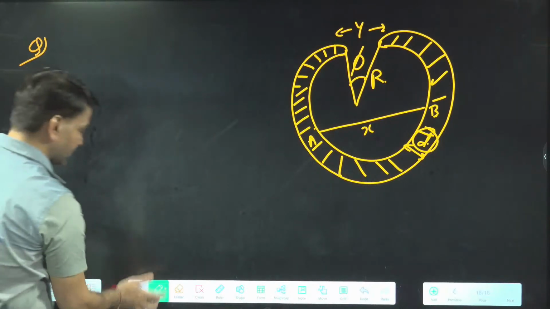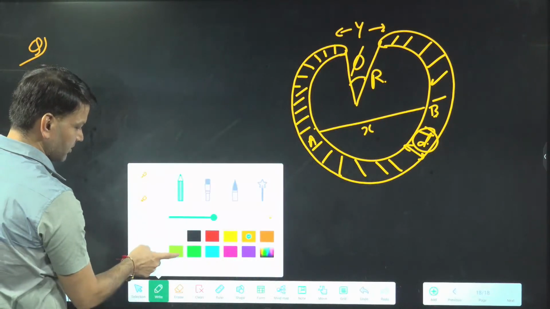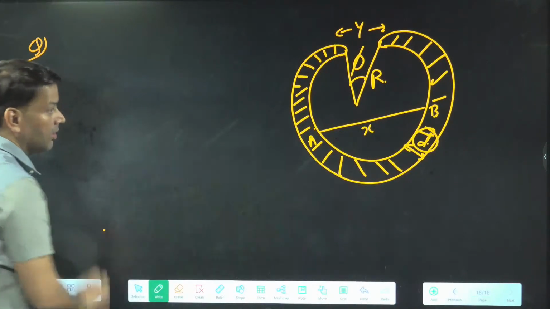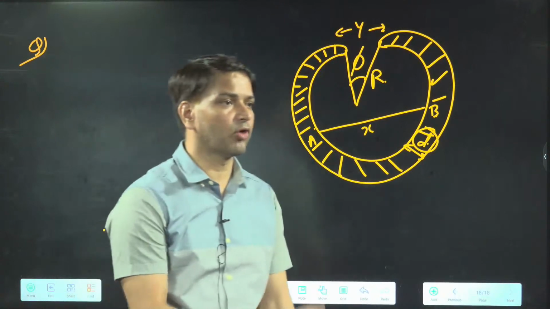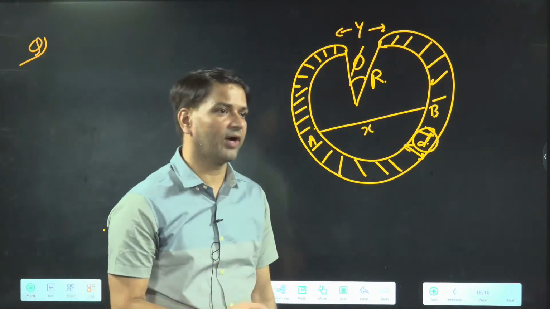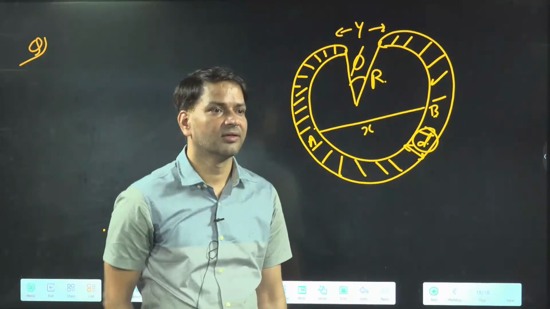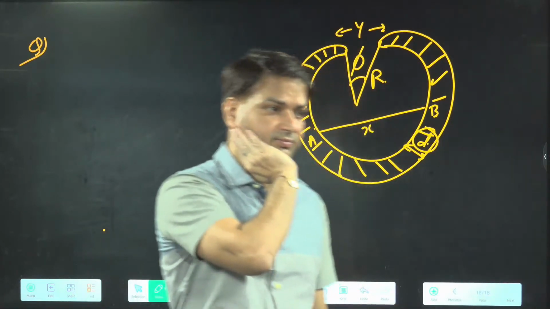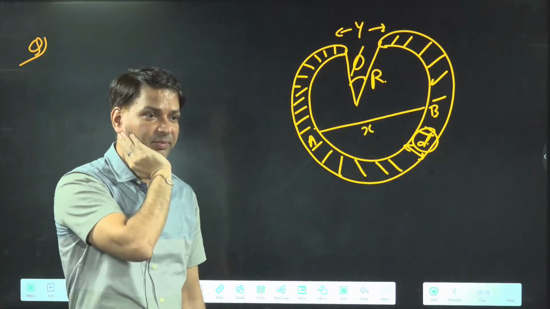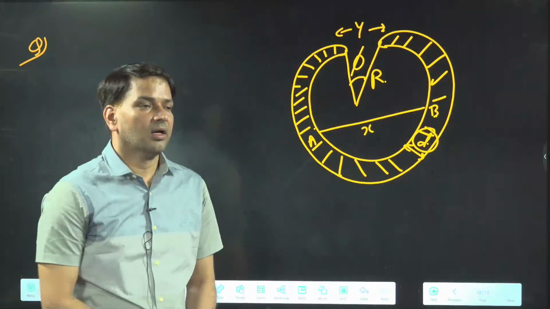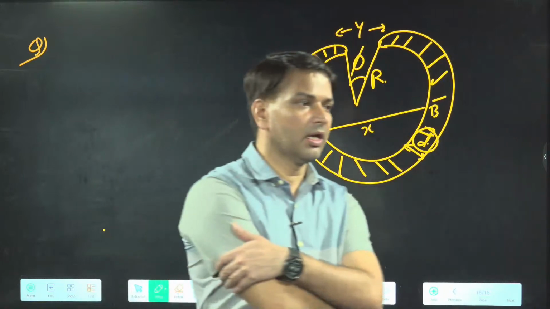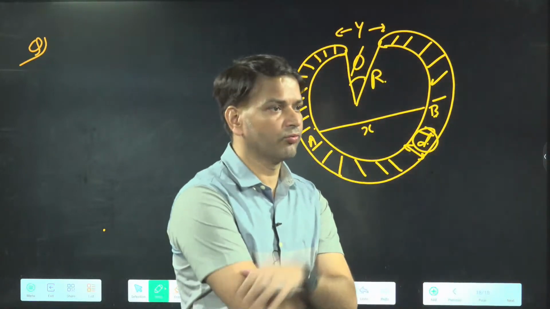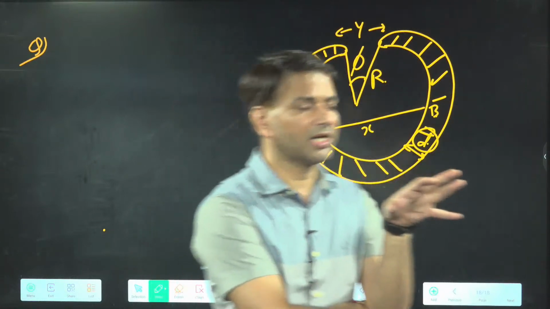So when we increase the temperature, then what is the effect on y, phi, r, x, d? All will increase. Only the angle remains the same. Okay. So remember one thing: suppose I am talking about radius, x, d, or y, these all are linear distances.